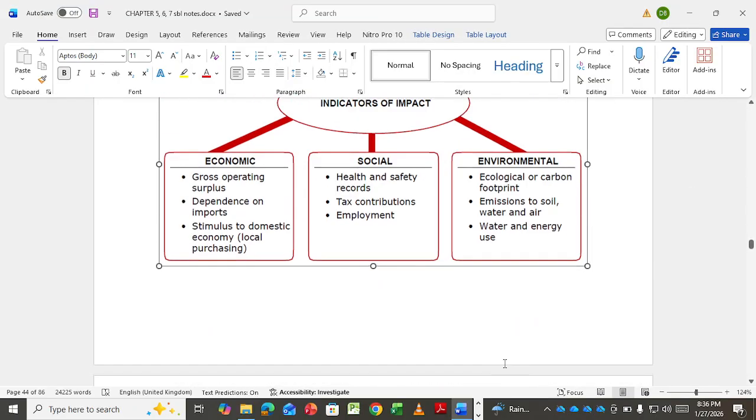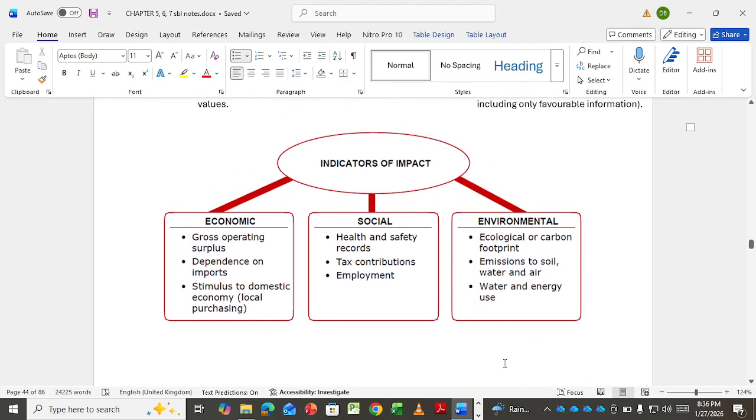So this is a diagram giving a summary showing the indicators of the impact. We have the economic, social, and environmental. Under the economic, we have the gross operating surplus, dependence on imports, and stimulus to the domestic economy or local purchasing. Under social, we have health and safety records, tax contributions, and employment.